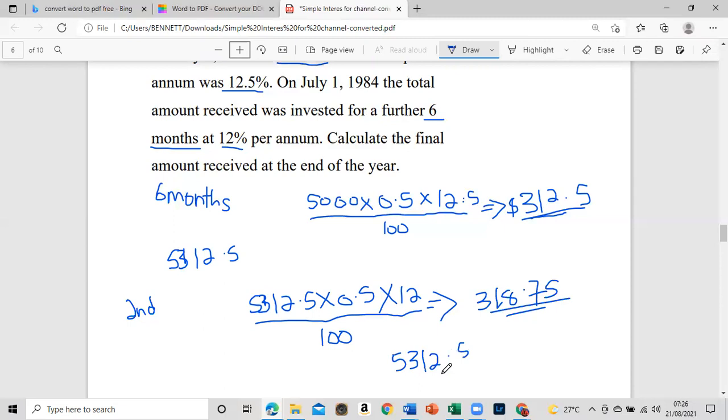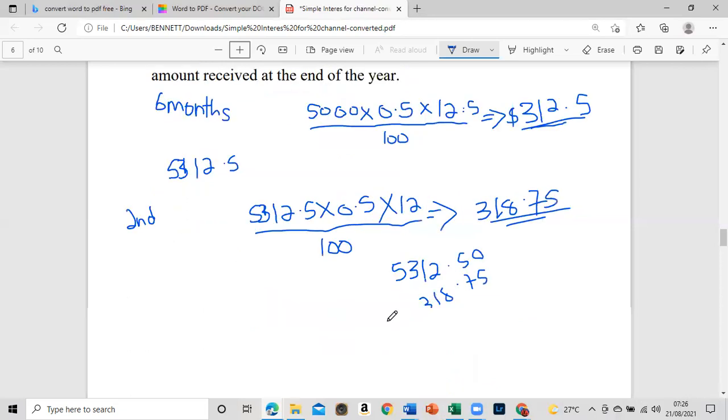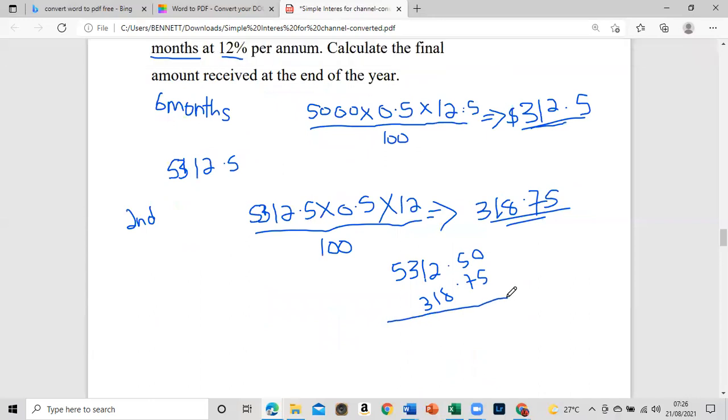I'm just going to do it in the calculator though. CSEC is not testing if you can add, right? It's worked out in one go. So 318.75 plus 5,312.50.